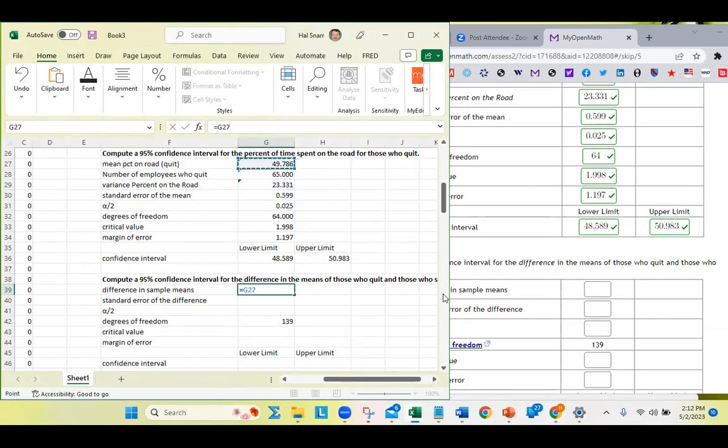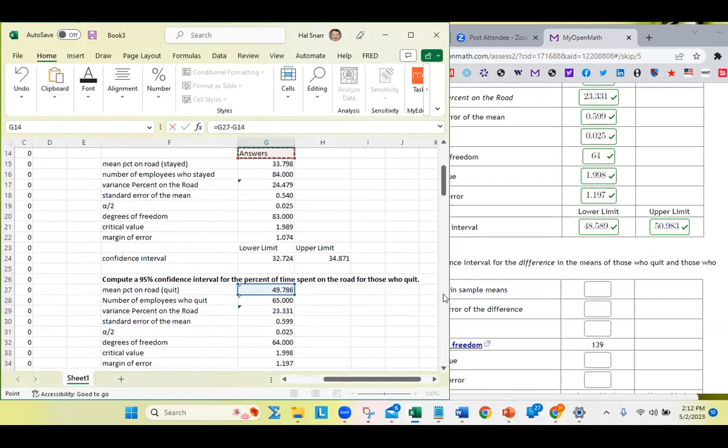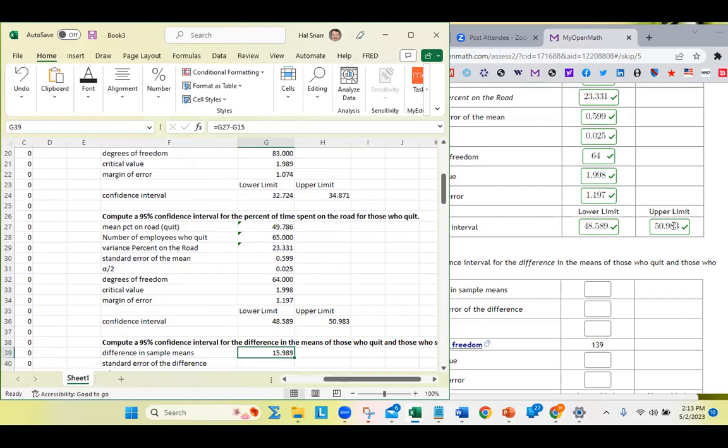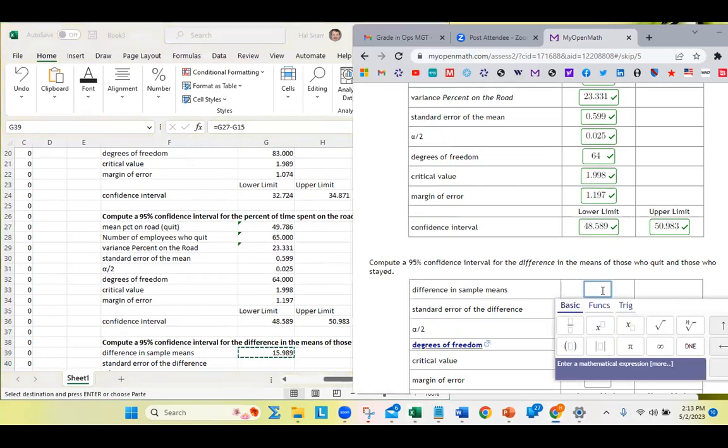I'm subtracting the bigger mean percent on the road, 49.786, minus the smaller mean, 33.798. That's the difference in the mean percent of the time the employees are on the road. There's a difference of about 15, almost 16 percentage points. So employees that are quitting are spending a lot more time on the road.